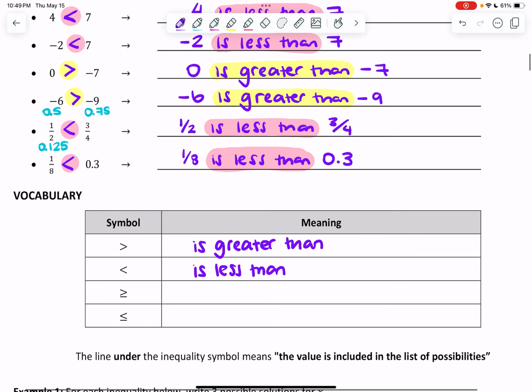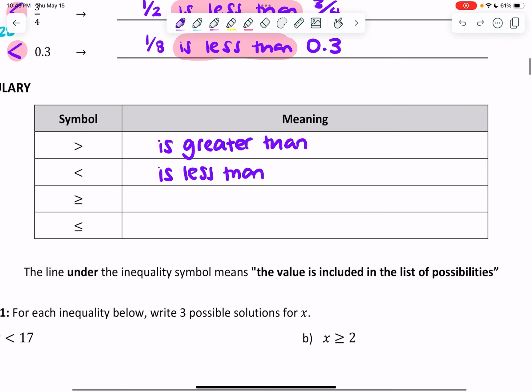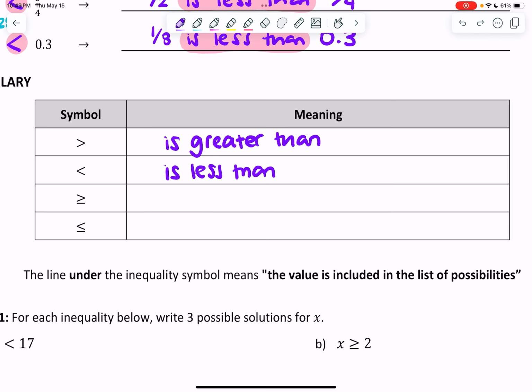Now the next two symbols look oddly familiar. They look pretty much like these, except they have this single horizontal line underneath. Now that single horizontal line has a really important meaning, and it changes that inequality symbol.